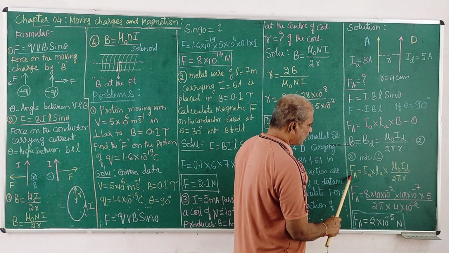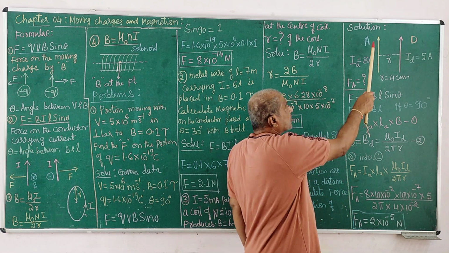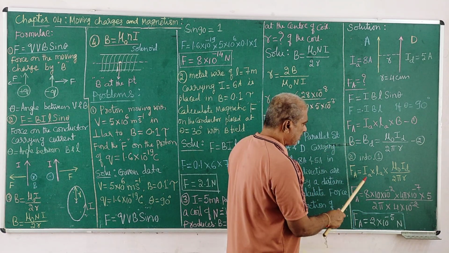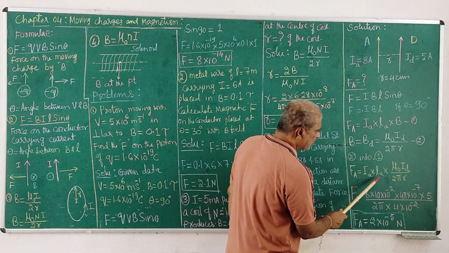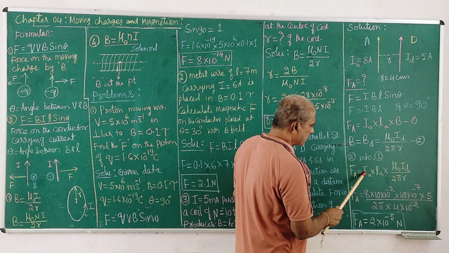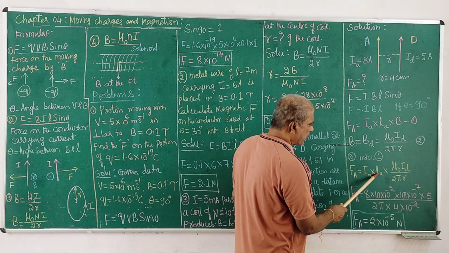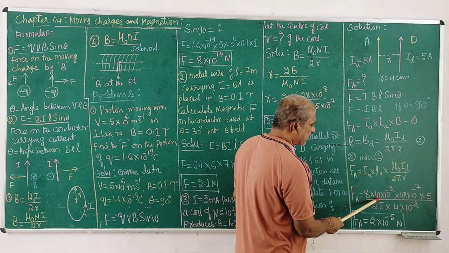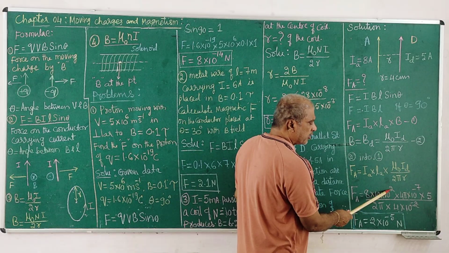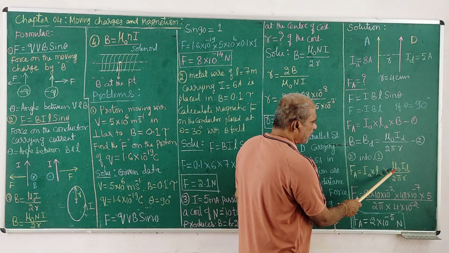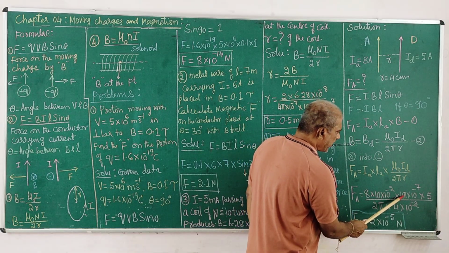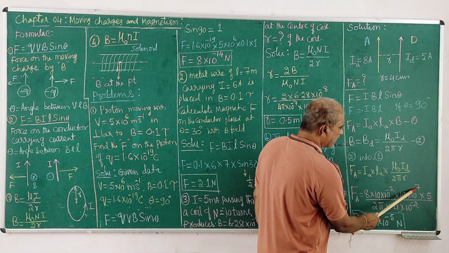What is the amount of force exerted on the conductor of 10 centimeter? It requires substitution for these. Here, what is IA? The current in conductor A, 8 amperes. Length of the conductor is 10 centimeter, 10 into 10 to the power of minus 2 meter in SI unit. Mu naught value is 4 pi into 10 to the power of minus 7.